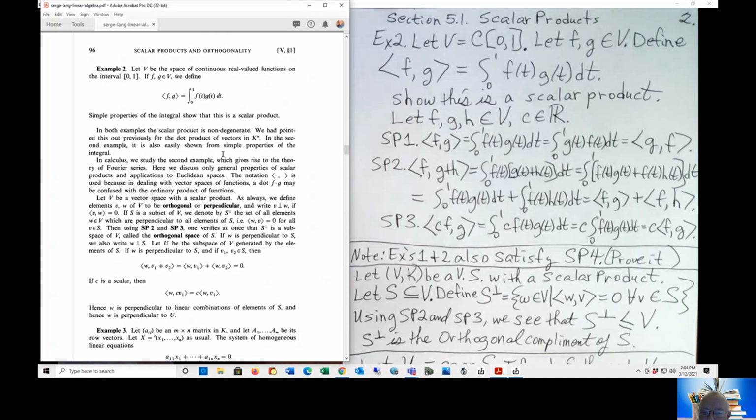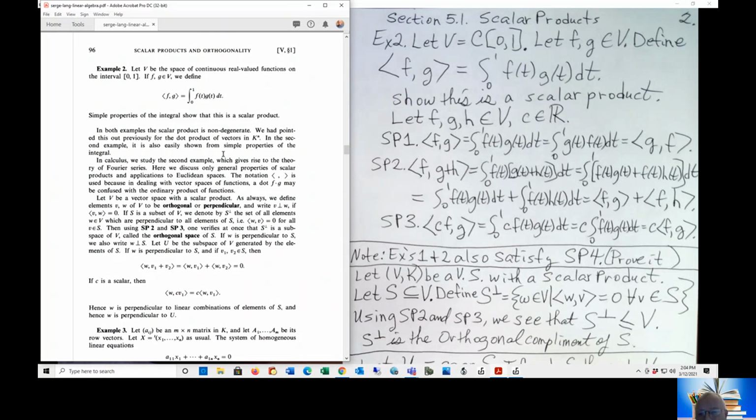The scalar product of f with g is the integral 0 to 1 of f times g, but f and g commute. fg is the same as g times f. So that means the integral of fg is the same as the integral of gf. And so we see that the scalar product of f with g equals the scalar product of g with f.